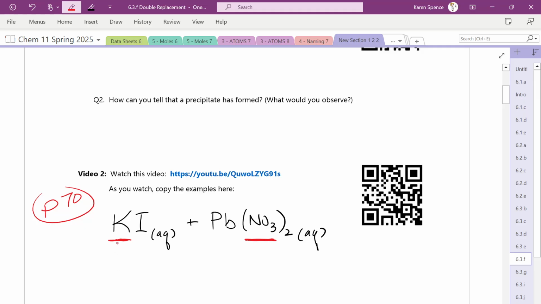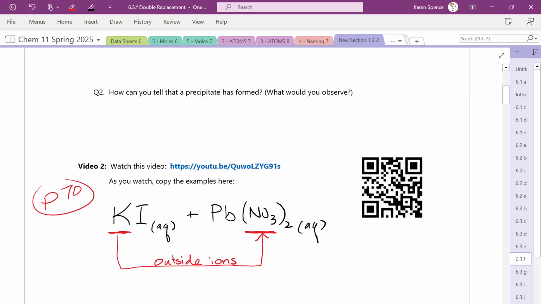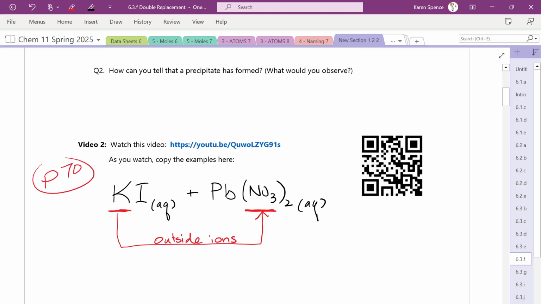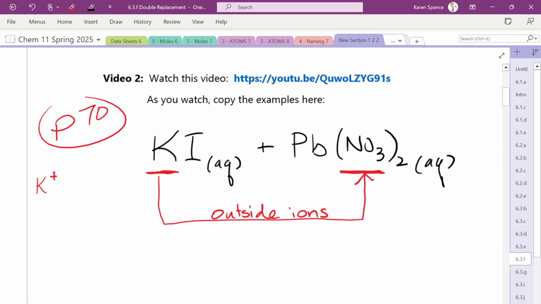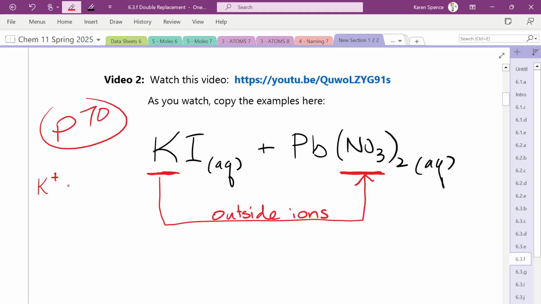And we're going to combine them. So we'll take our outside ions and we're going to combine them. So what is the charge of K? Plus. Okay. What is the charge of NO3? Minus.